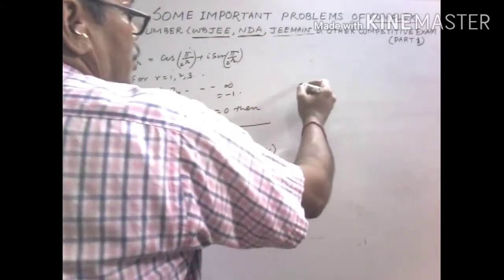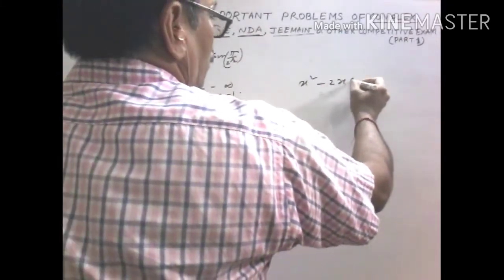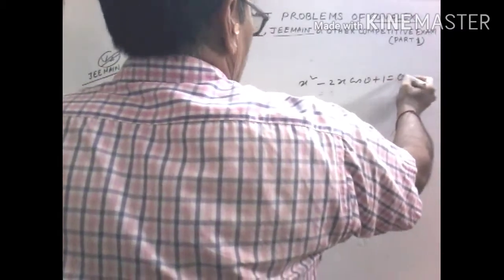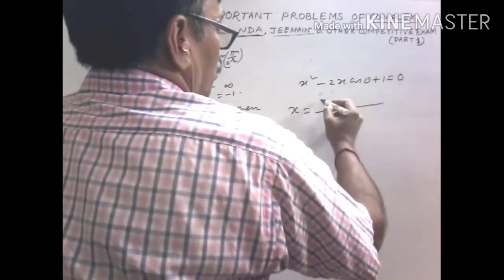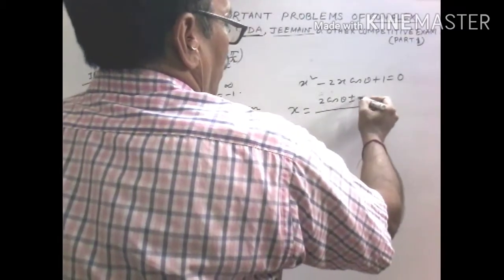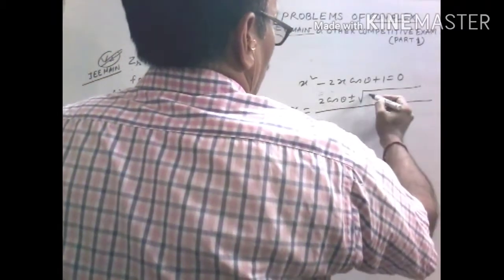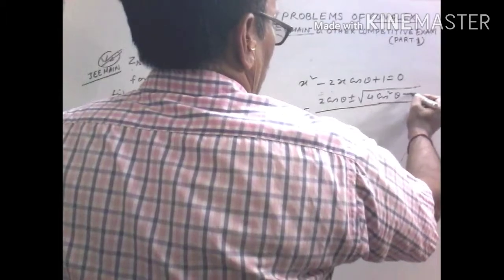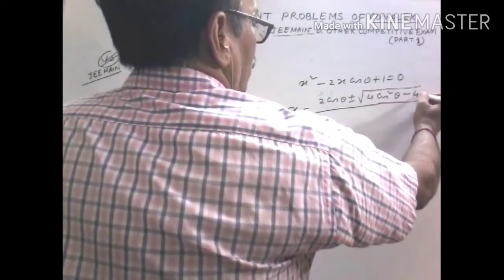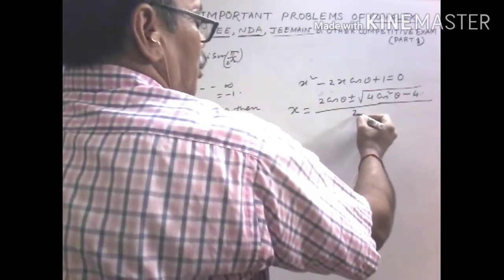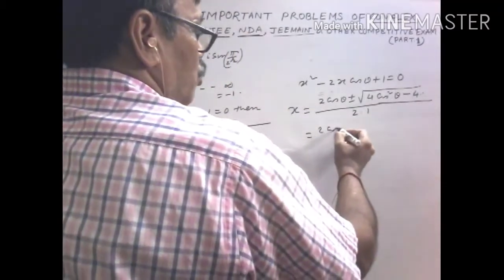So problem number 16. x square minus 2x cos theta plus 1 equals 0. So what is x? x equals 2 cos theta plus minus root over 4 cos square theta minus 4 into 1 into 1, by 2a.